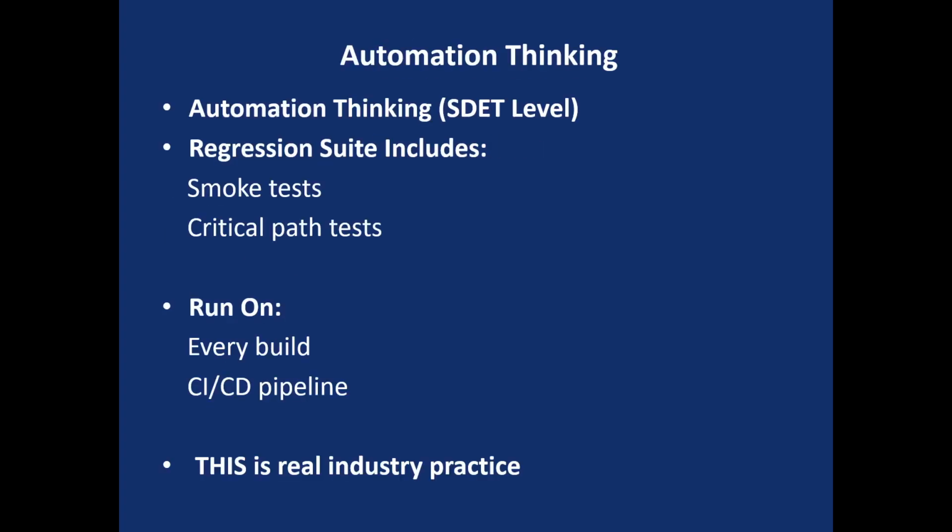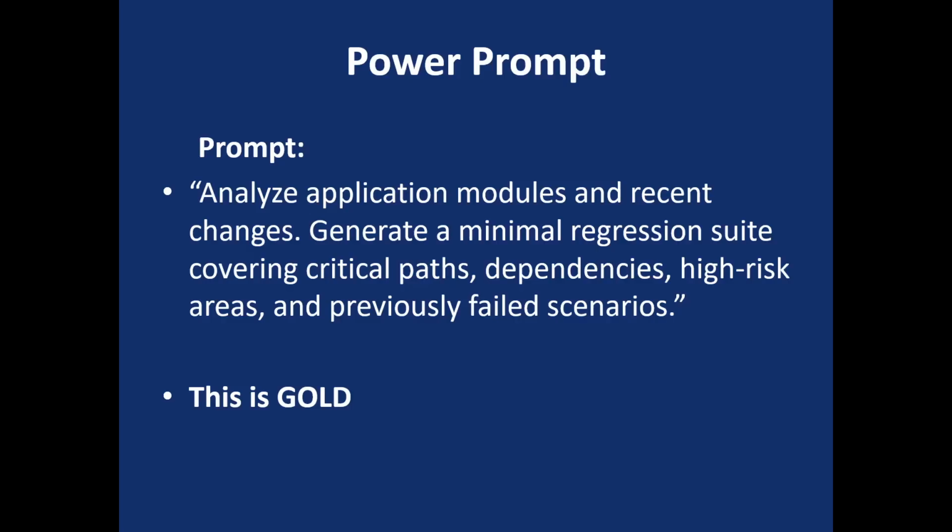From an automation thinking perspective, a regression suite is basically smoke tests plus critical path tests, and that should be runnable on every build with the CI/CD pipeline. This is actually real industry practice.